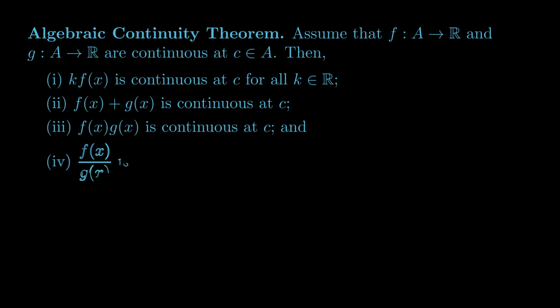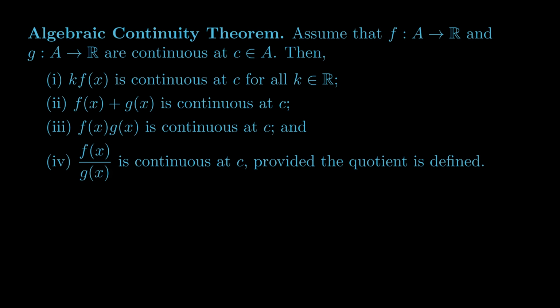And f of x divided by g of x is continuous at c, provided the quotient is defined. So this is basically just another one of our algebraic limit theorem type statements saying that continuity is preserved under scalar multiplication, addition, multiplication, and division.